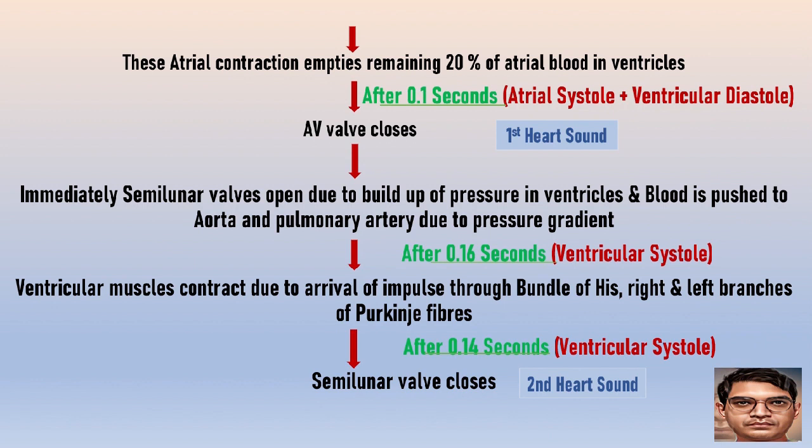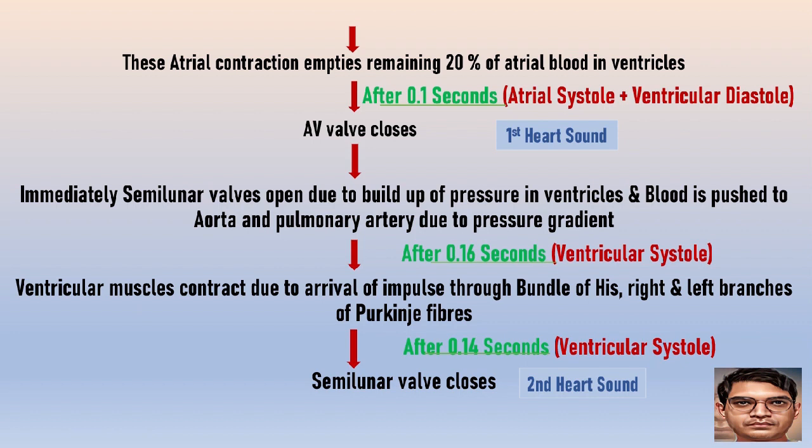Now the contraction of ventricular muscles causes the remaining emptying of blood from the ventricles into the aorta and pulmonary artery. This emptying continues for about 0.14 seconds till there is a closing of semilunar valves.